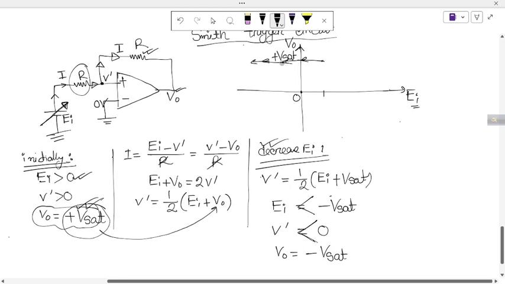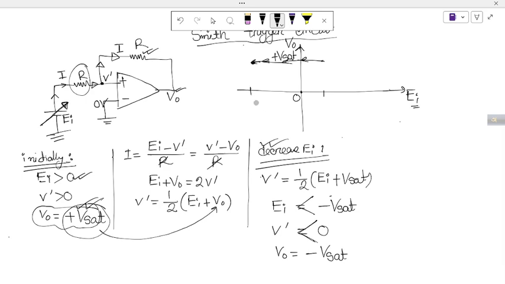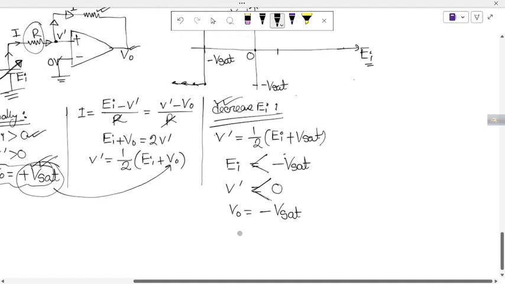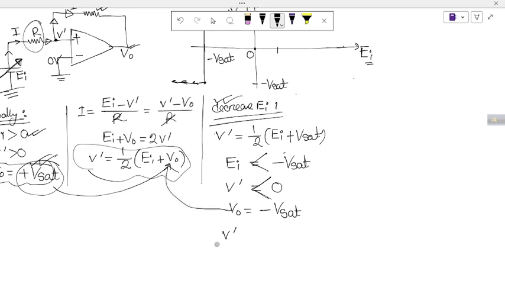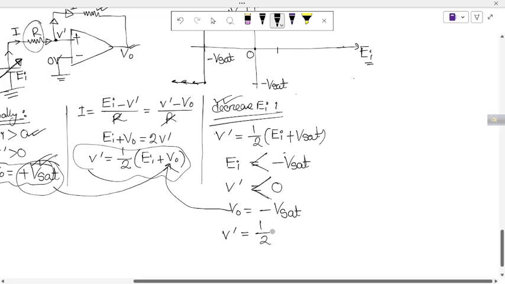So after decreasing the input voltage, when the input voltage is equal to minus Vsat, the output voltage jumps to minus Vsat, and if I again decrease the input voltage, the graph goes leftward. Now if I write the equation for V prime, you will see that V naught is equal to minus Vsat, so V prime is equal to half of (EI minus Vsat).